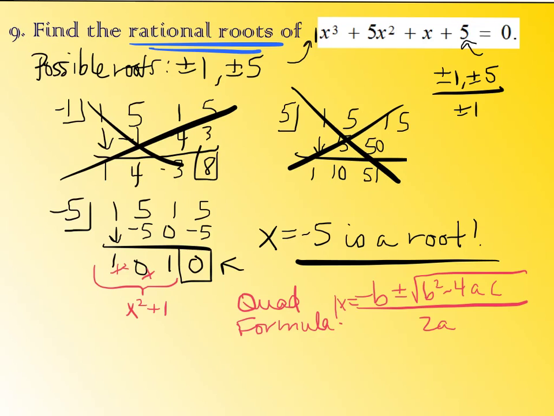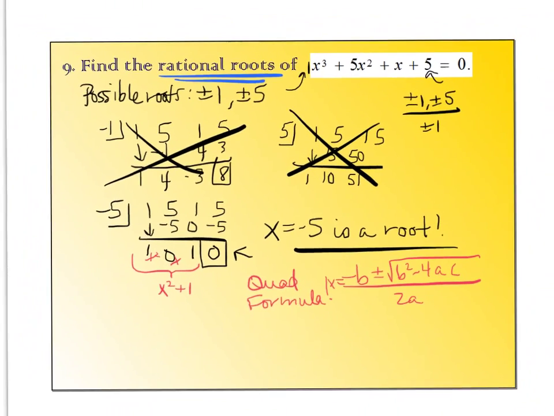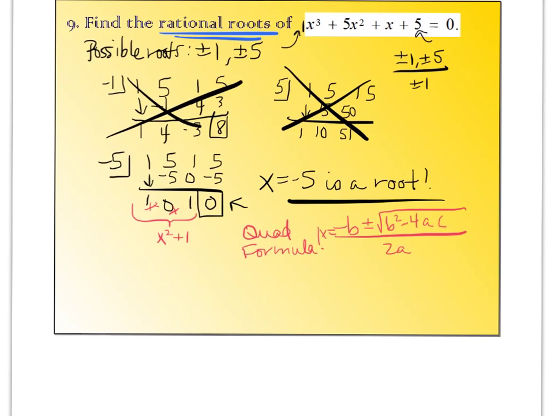What I need to do, though, is shrink this a little bit to give us some more space. So I'm going to plug that into the quadratic formula. I get x equals the opposite of b, so that's just negative 0, plus or minus the square root of b squared minus 4ac, all over 2a.